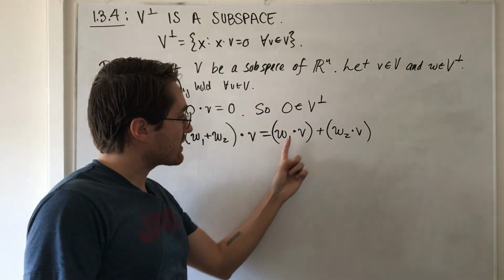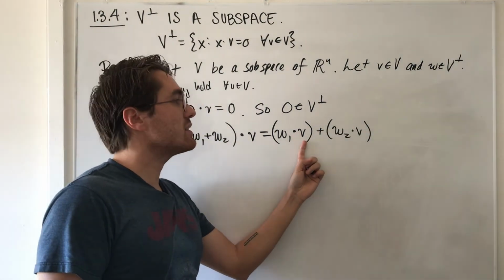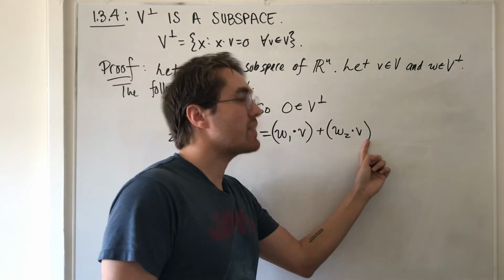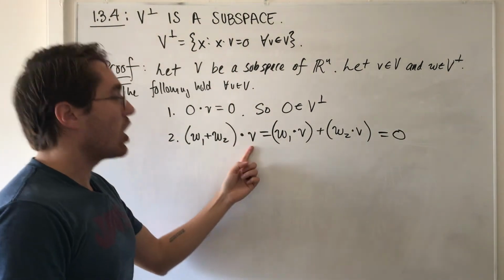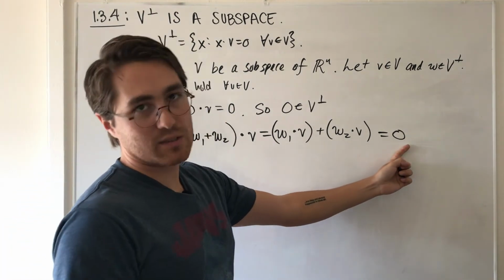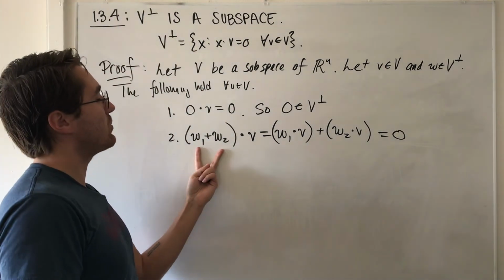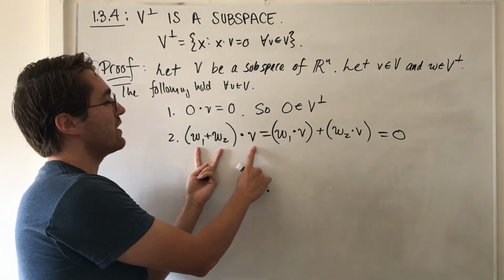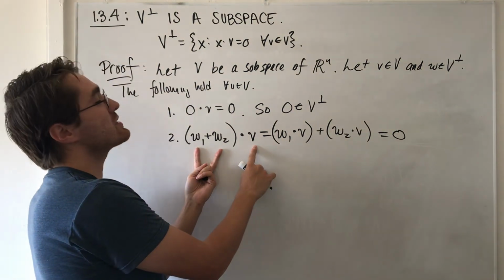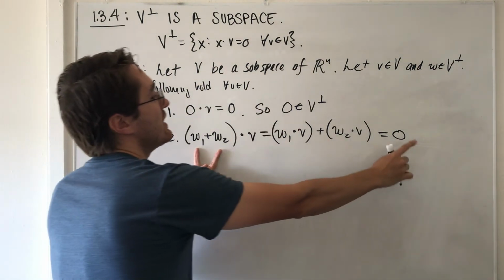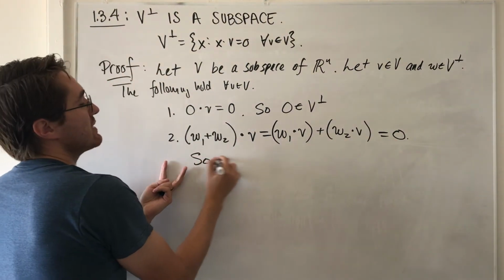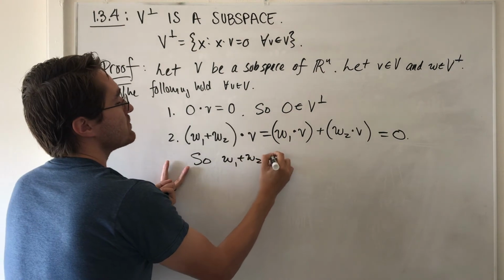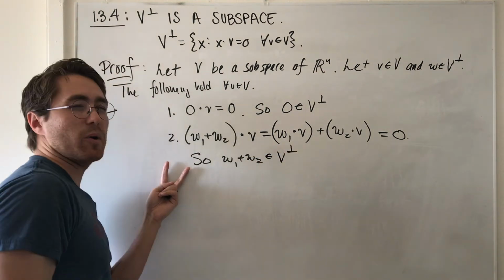It means this thing dotted with anything in V is 0, and this thing dotted with anything in V is 0. So when I sum them, I get 0. So for all v, this thing is equal to 0. And therefore, w1 plus w2, when I dot it with v, no matter what, so long as it comes from the subspace V, I get 0. That means w1 plus w2 is in V-perp.